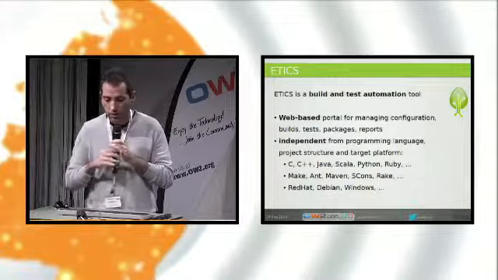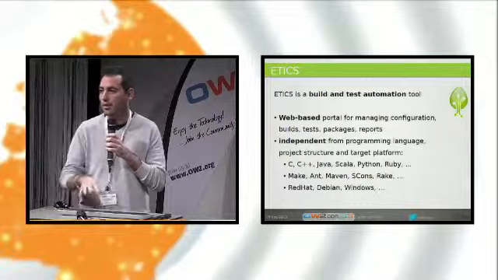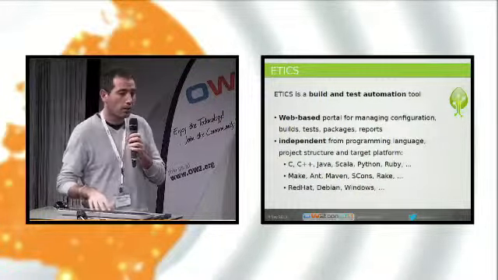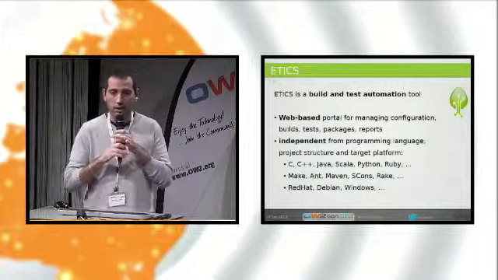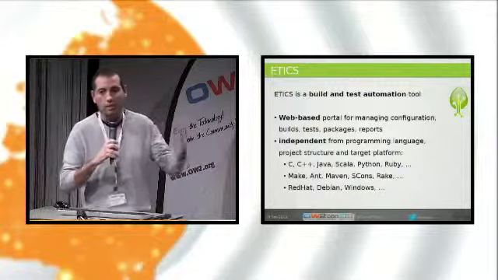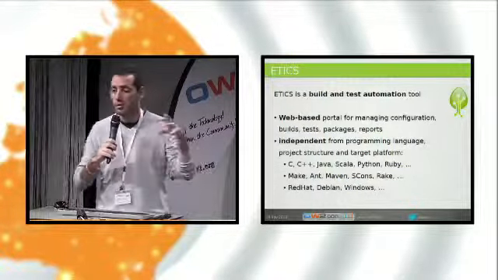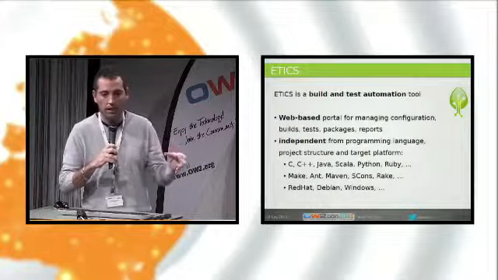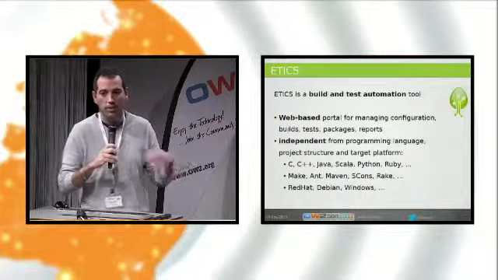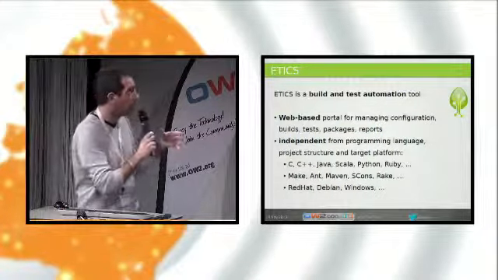Just a few words about ETICS in general. ETICS is a build and testing automation tool. It takes the source code from the source repository, compiles the code, runs tests on the code, produces binary packages of the components, and publishes the packages on a public repository.